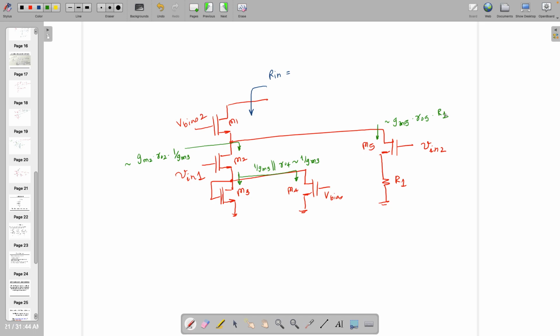Times R1. So here you are seeing GM2 RO2 times 1 by GM3 in shunt with GM5 RO5 times R1. And looking from here, what is the value? R in is GM1 RO1 times GM2 RO2 times 1 by GM3 in shunt with GM5 RO5 R1.